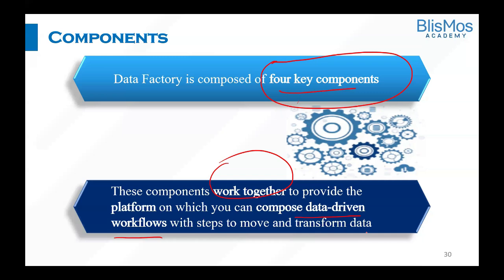We understood the steps: connect and collect, transform and enrich, publish and monitor. Those steps happen through different components, and we have 4 key components. These 4 key components work together to create the data-driven workflows.